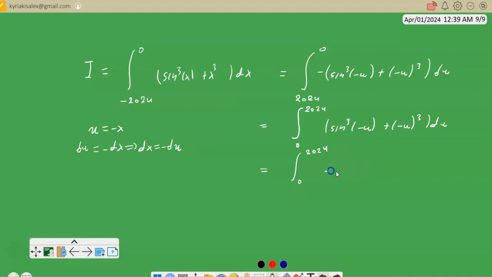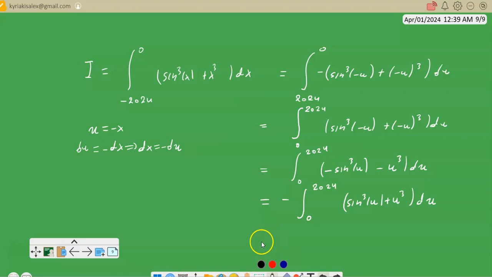This can be written as minus sine cubed of u minus u cubed du, or I can pull minus 1 outside and have inside the integral sine cubed of u plus u cubed du. I can flip back to my variable x.